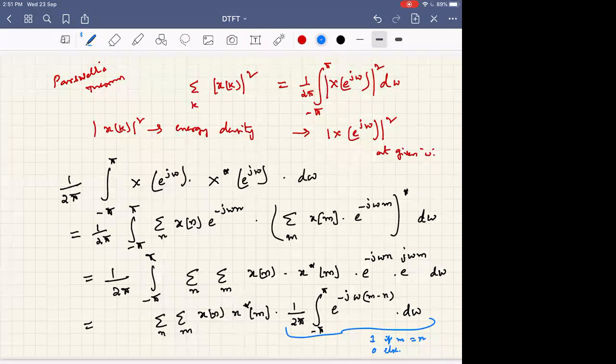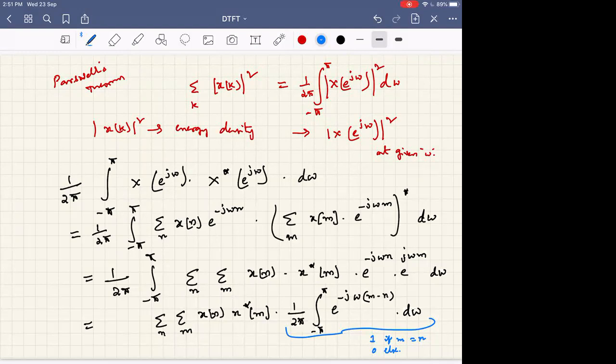So different exponentials, e power j omega m as one frequency and e power j omega n as another frequency. Both are orthonormal in fact.